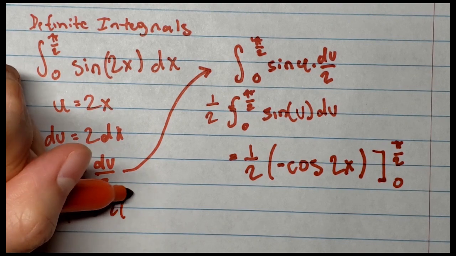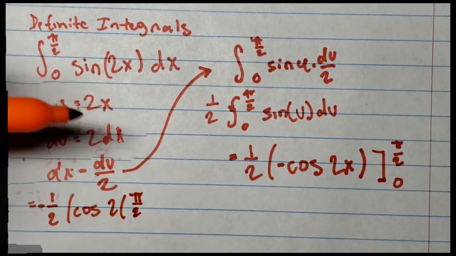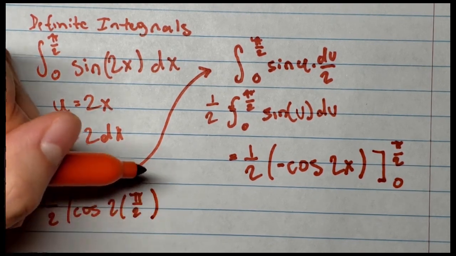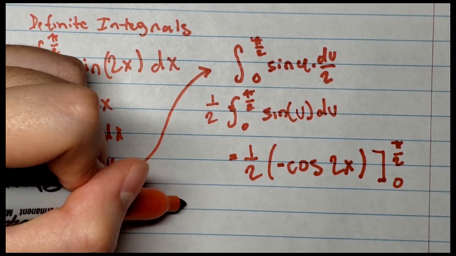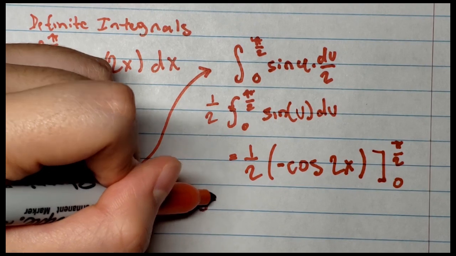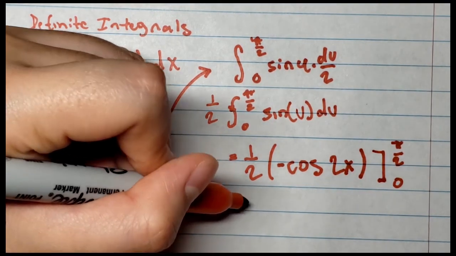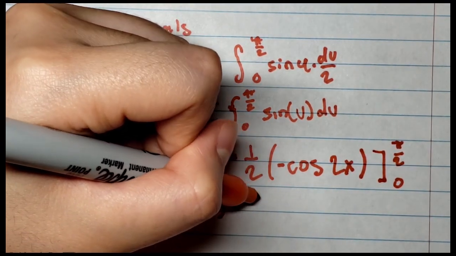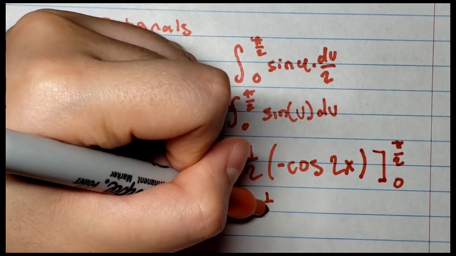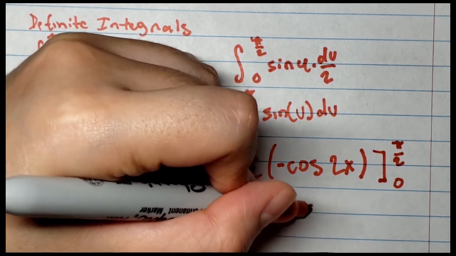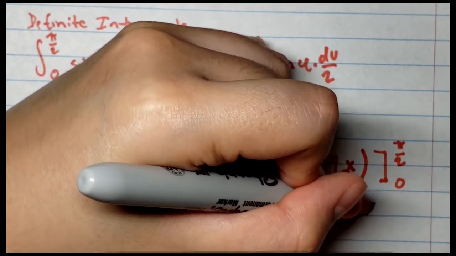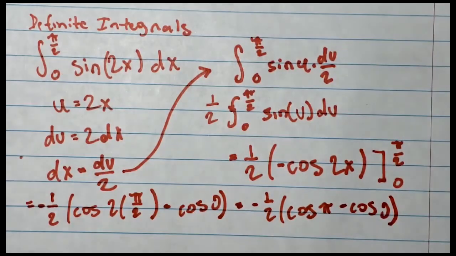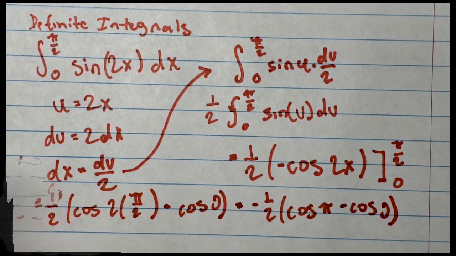So then you would plug in pi over 2 and then subtract it with cosine of 2 times 0. Since cosine of pi is -1, when you subtract it from 1 or cosine 0, you will get 1 as your solution.